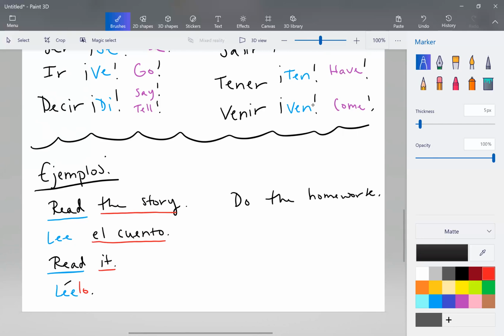Do the homework. How would we tell someone to do? Haz. That's one of the irregular ones. Haz la tarea. And then we could once again rephrase that as do it.